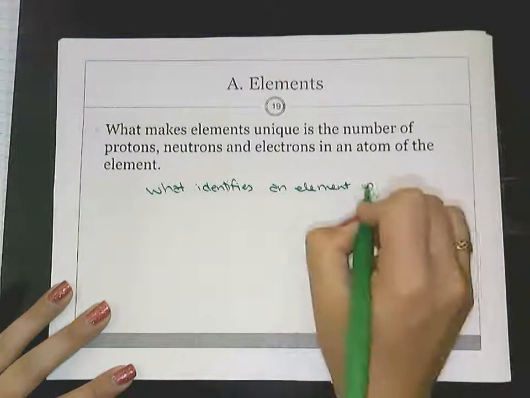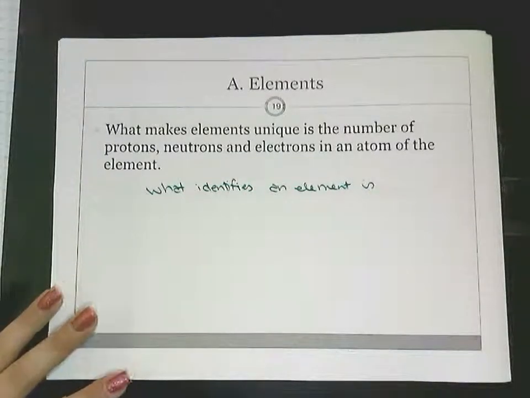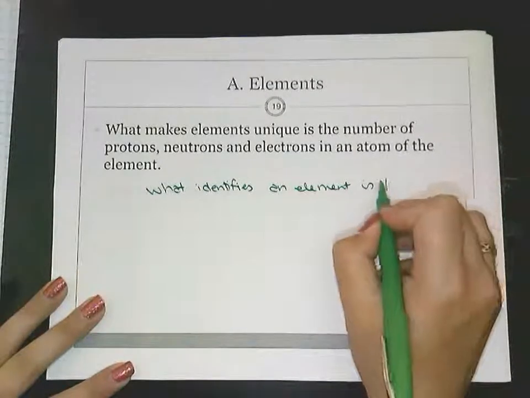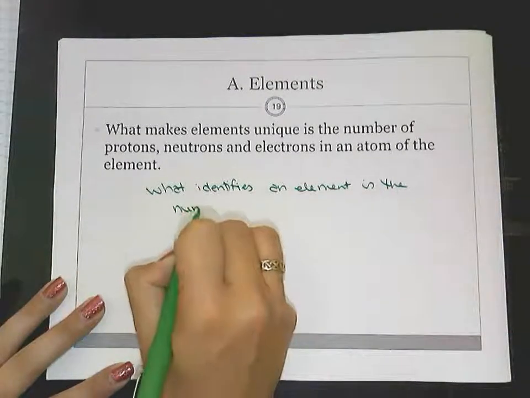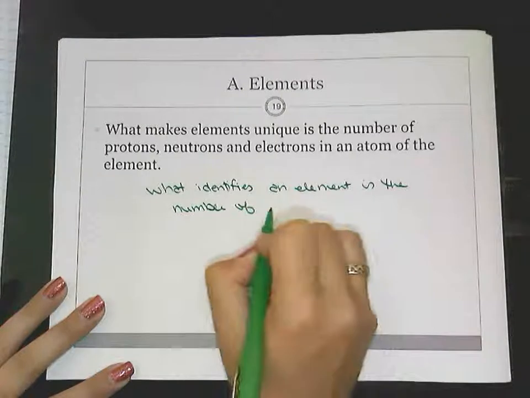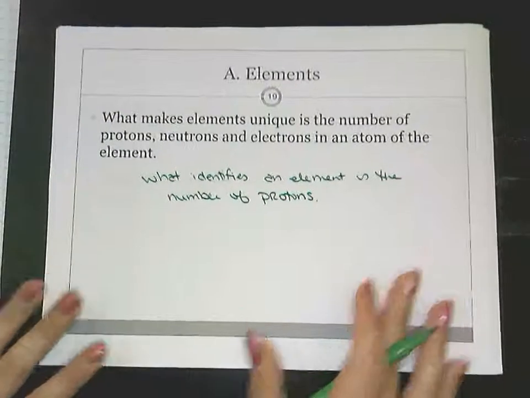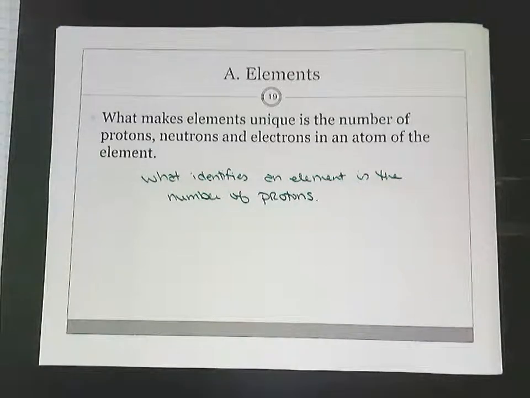But what identifies an element is the number of protons. So elements are each different from each other, in that they have a different combination of protons, neutrons, and electrons, but we classify elements based solely on the number of protons that they contain.